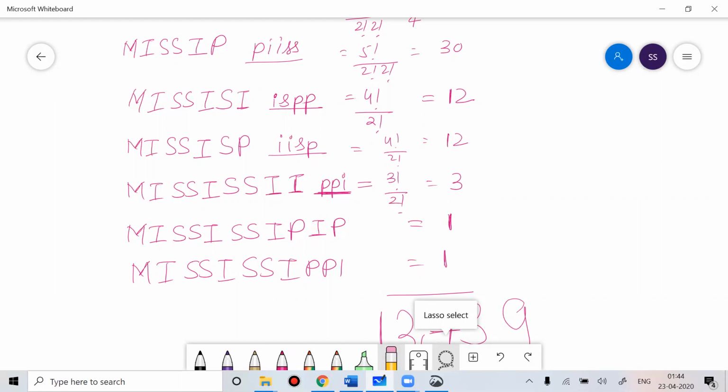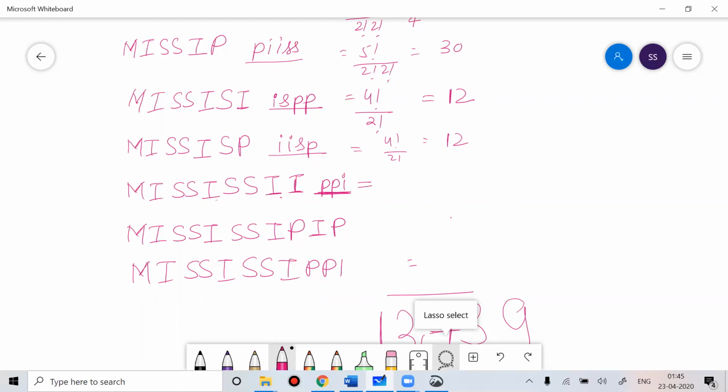So if you notice this, MISSI, then double S, then I, then total 4 I's are there. 1, 2, 3, 4.